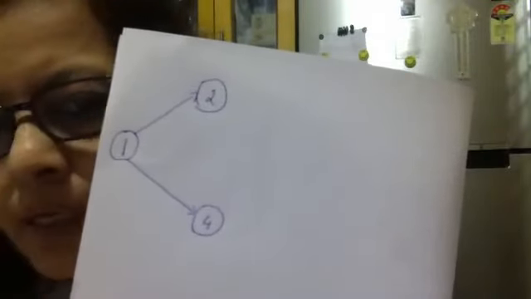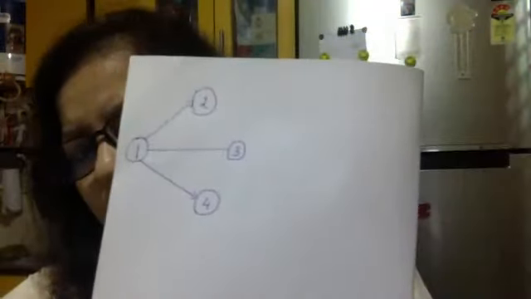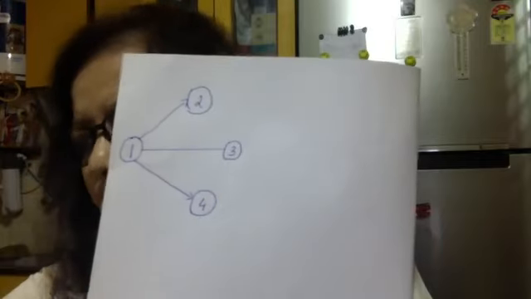Okay, ready? Now we'll do 1, 2, 3. Don't worry, I'm here. We'll make 3 a little to the right of 2. This is what I meant by taking 3 a little to the right of 2.